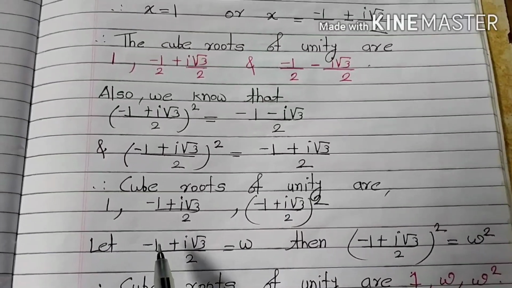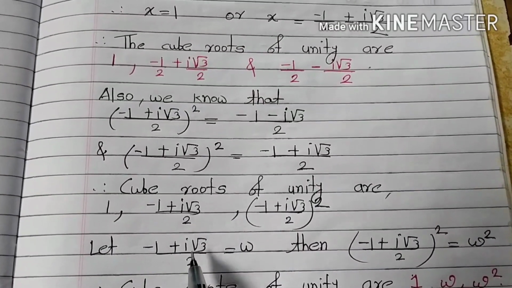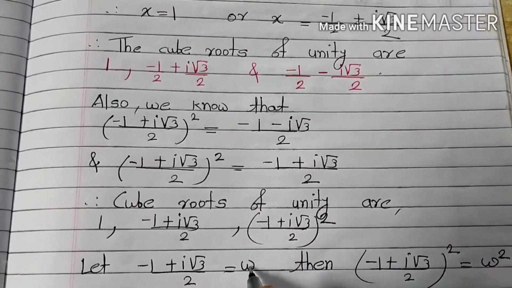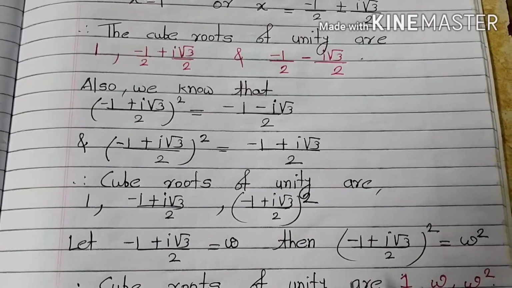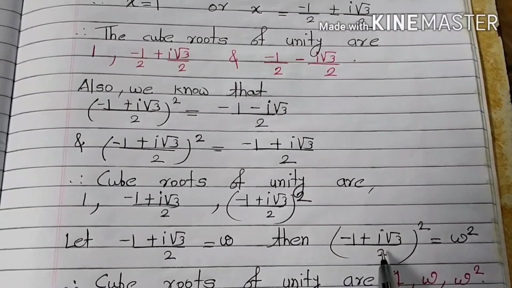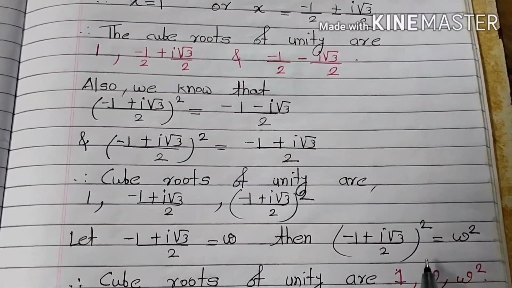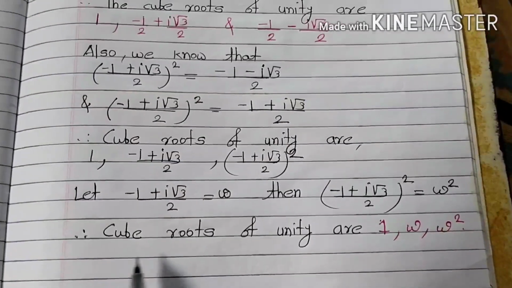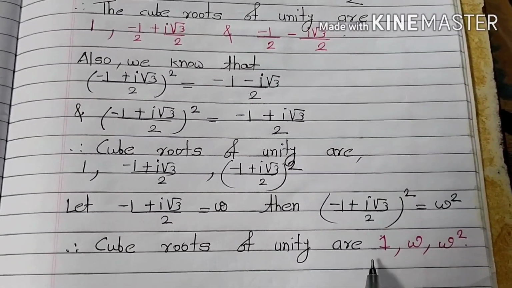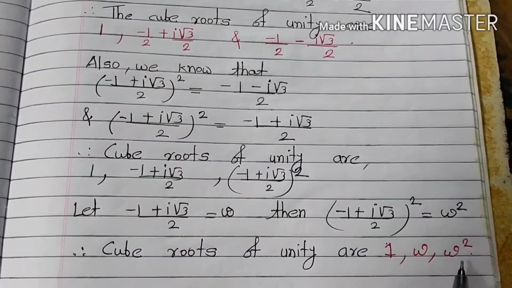So let (minus 1 plus i root 3) upon 2 be equal to omega. This is the sign of omega. Then ((minus 1 plus i root 3) upon 2) whole square is equal to omega square. Therefore, the cube roots of unity are 1, omega, omega square.